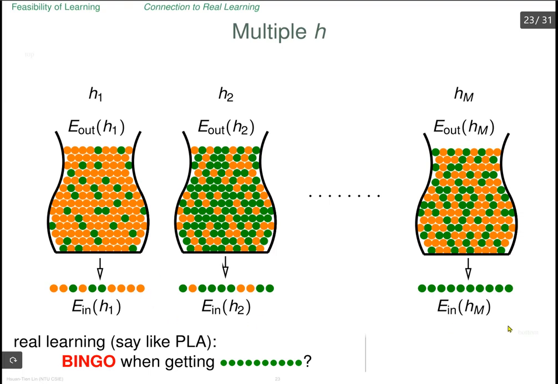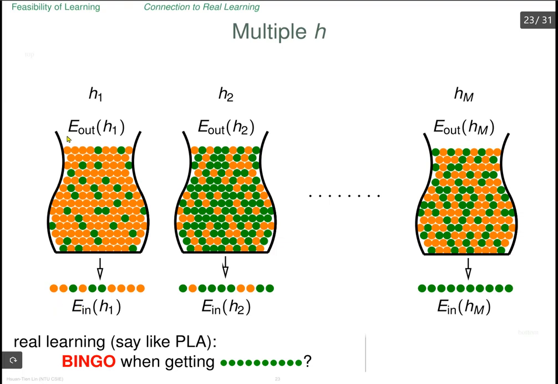Out of M, we will select the best H. A green marble represents that our selected H agrees with the unknown target function. While out-of-sample error remains unknown, we can calculate in-sample error.